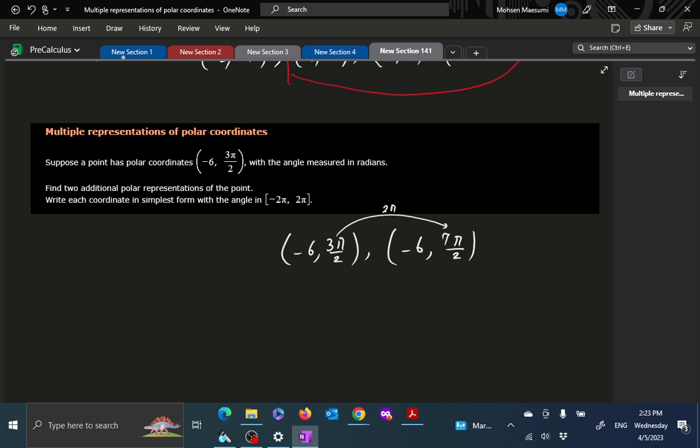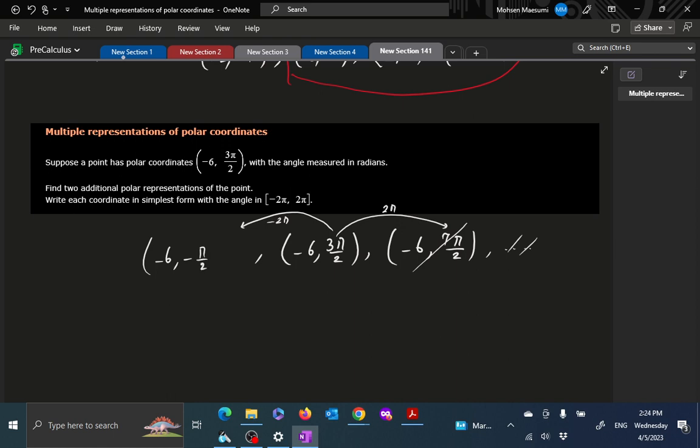That is, obviously we already exceeded 2 pi, so this is out, and all the ones that come after that will be out as well.